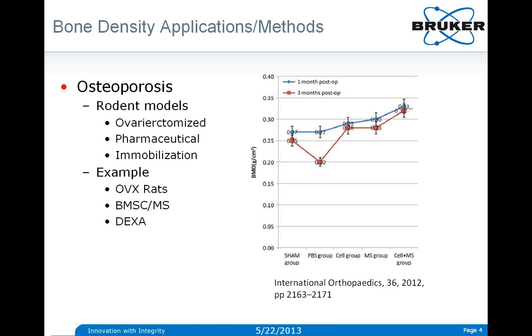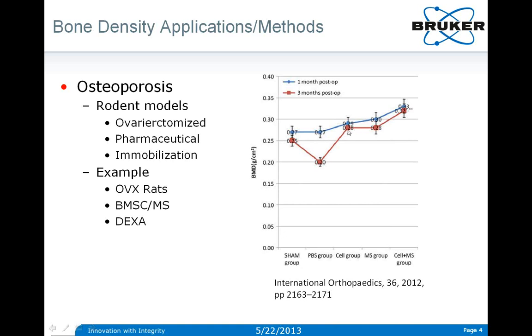And as a very nice example on the right, from International Orthopedics, a group used ovariectomized rats and evaluated the therapeutic response using bone marrow stem cells with and without a microsphere scaffold. And results were measured using DEXA, which is a technique for making bone density measurements. If we look across our different groups of ovariectomized rat, our sham group, a PBS group, on our y-axis here, we have our bone density measurement.